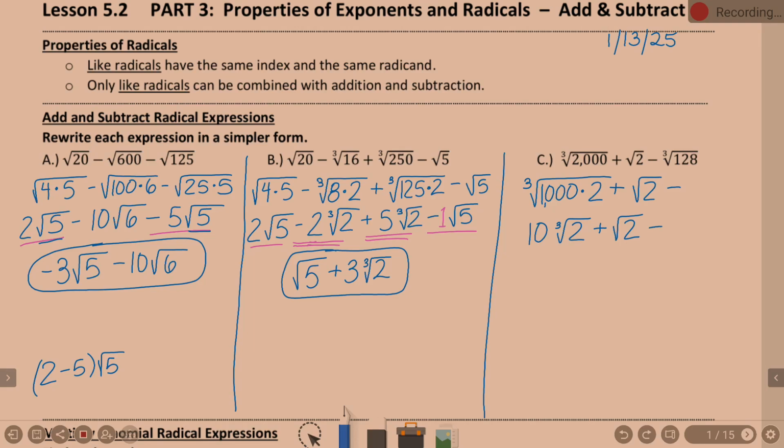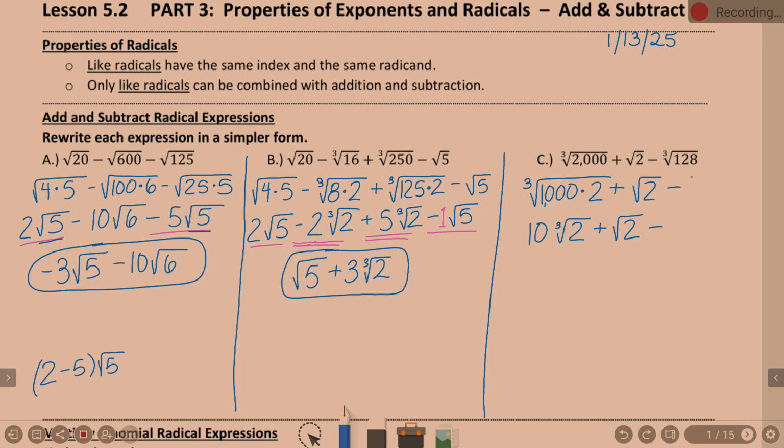Minus cube root of 128. Well, it's not on my blue paper. So my calculator is going to give me a decimal. What are you asking yourself? What are you checking? Does 128 divide by 125, 64, 27, or 8? Divides by 64. Okay.